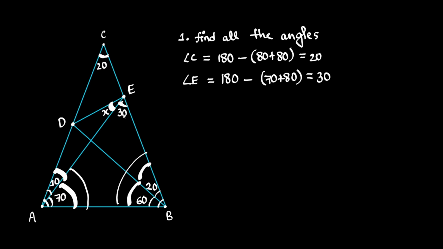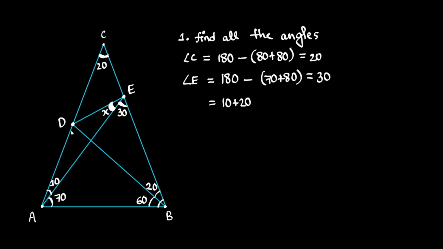This is the same as 10 plus 20, the other two interior angles in the triangle ACE. We can call it that way. I'm just erasing these parts because otherwise it will get too tedious.